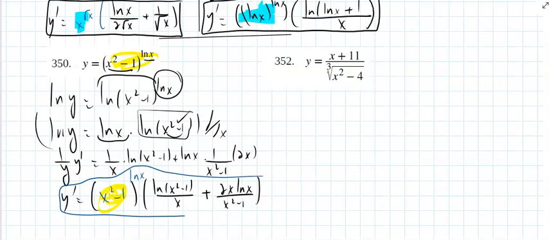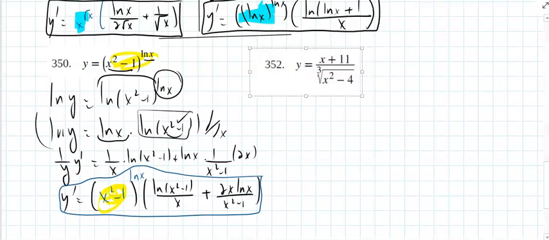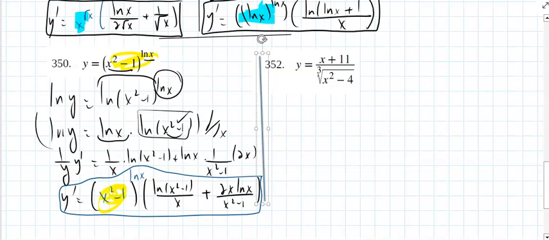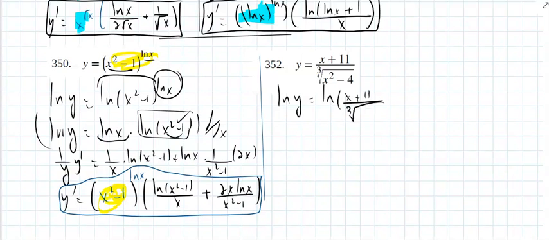Now, one thing that logs allow you to do, I am aware that you know how to take a derivative of this, you would use the quotient rule. But observe what happened if you log both sides. If I take natural log of the left and natural log of the right, I'm going to say natural log of y equal.